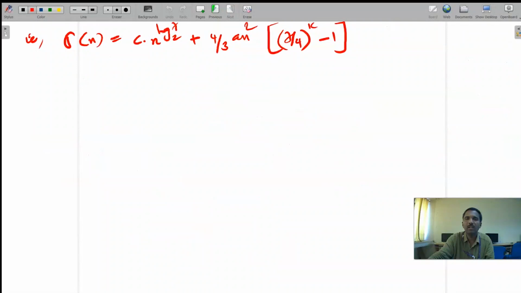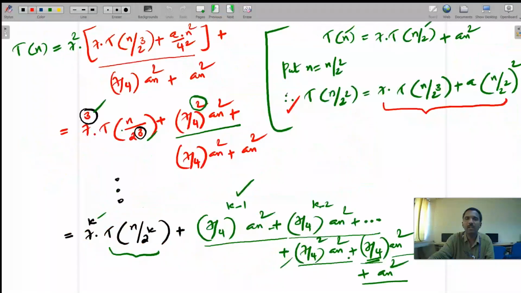Now simplifying, this k is equal to log n base 2. We can write c into n power log 7 base 2 plus 4 by 3 into a. 4 by 3 is a constant. a is a constant.